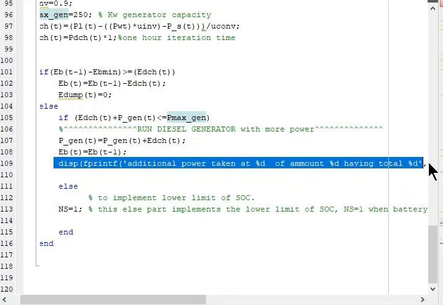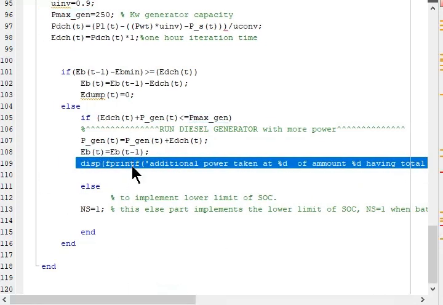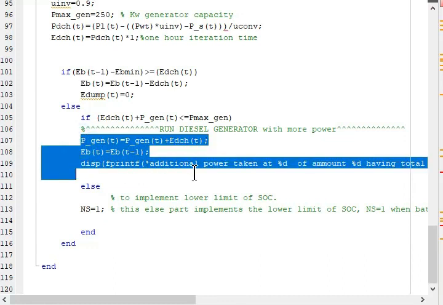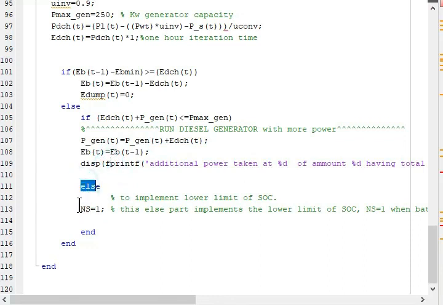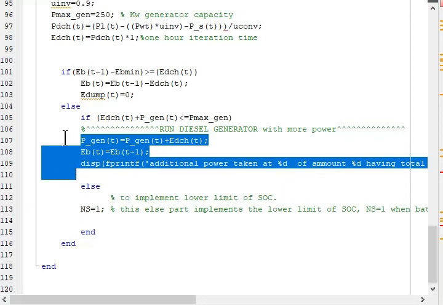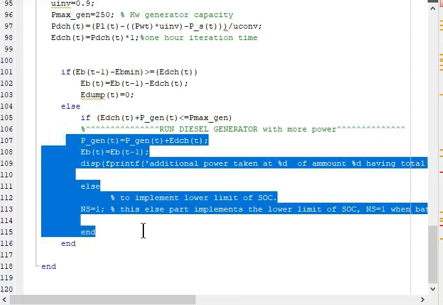Here we are displaying that the additional power is taken from the grid or whatever generator or conventional biomass source you have. Otherwise, if your conventional source is also not able, or your generator is not there, or you do not want to take energy from that generator, a variable is set to 1, meaning you are telling the optimization algorithm not to choose this one, as it is not a feasible option. If you are connected to the grid, that will not be there. In this case, you can take whatever amount of energy you want from the grid.